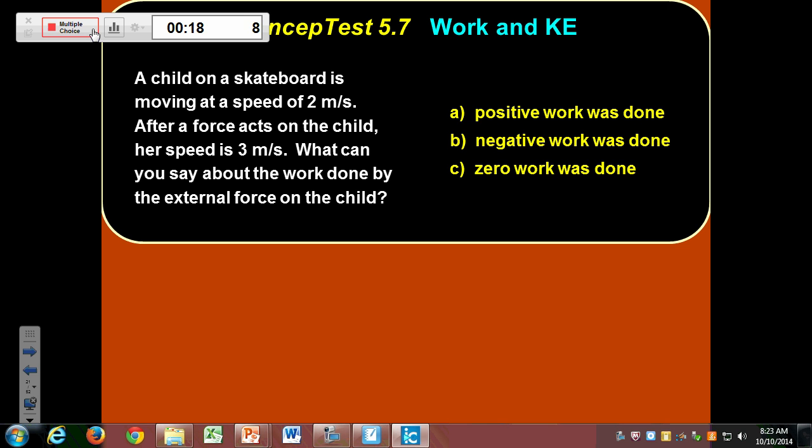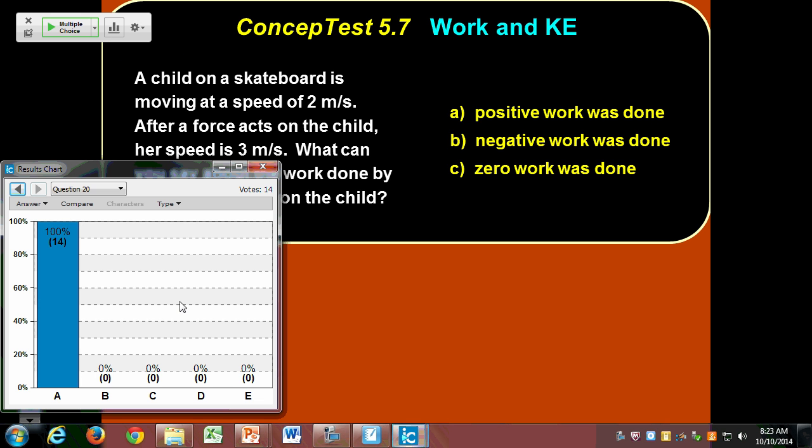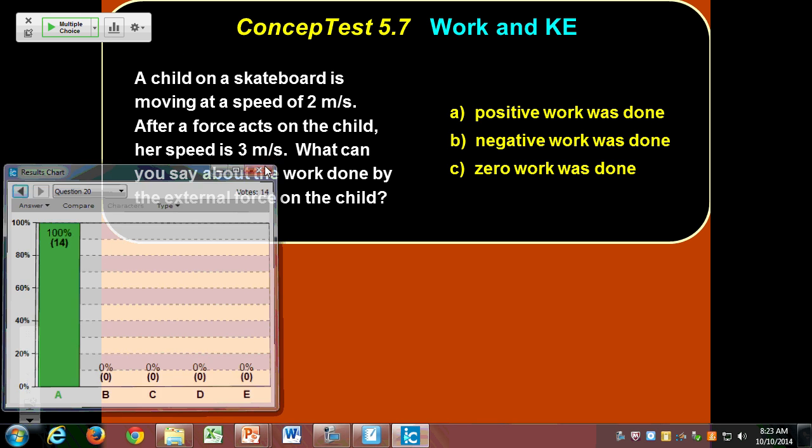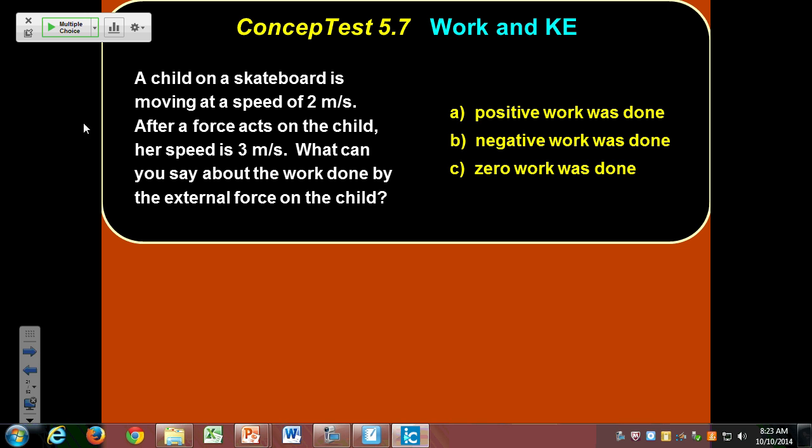We'll just do one more after this, then we'll wrap it up. All right, just a few more seconds. I'll stop at 28. Very good. I've increased our energy, so I've done positive work.